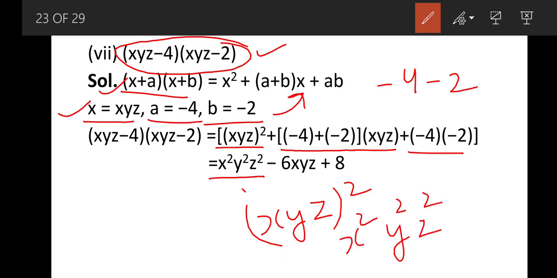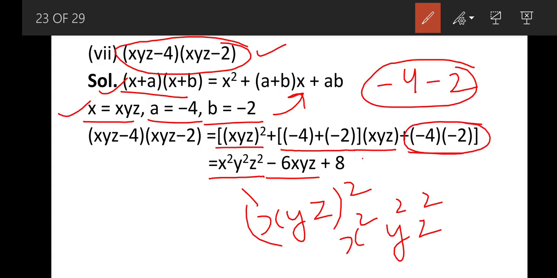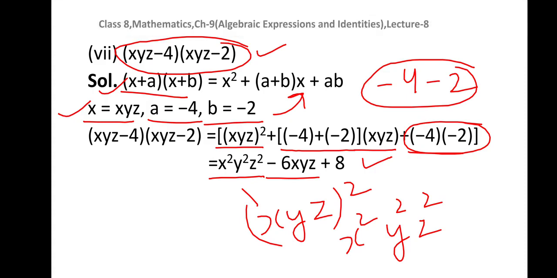This is what I have written here. Plus minus 4 minus 2, minus 6, into xyz, so it will be minus 6xyz, plus minus 4 into minus 2, which is plus 8. So your answer is x square y square z square minus 6xyz plus 8.